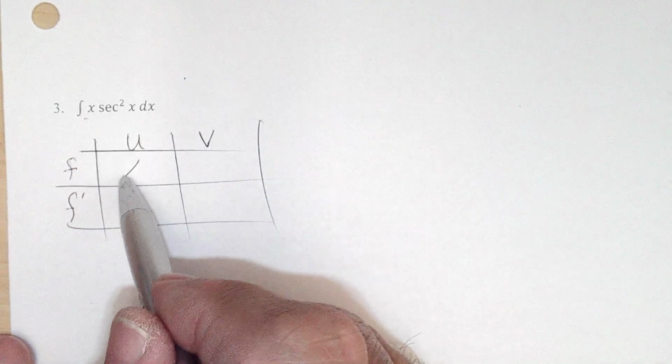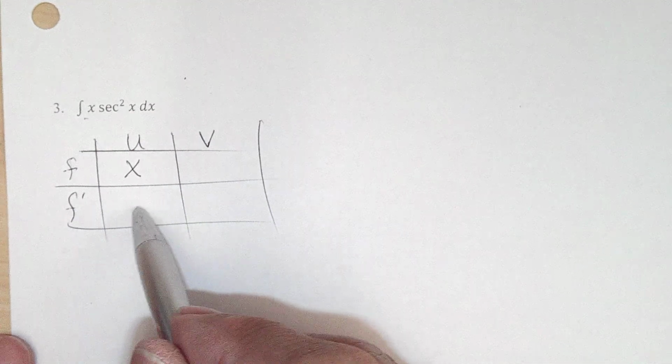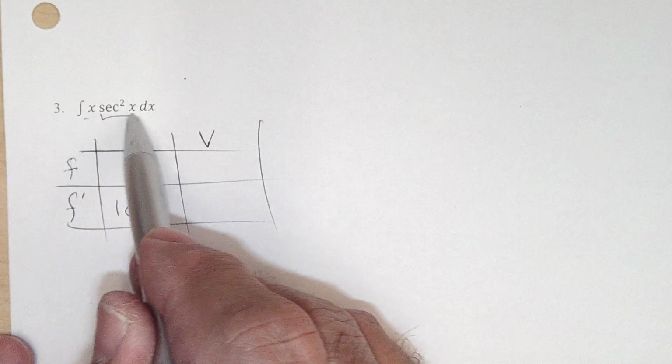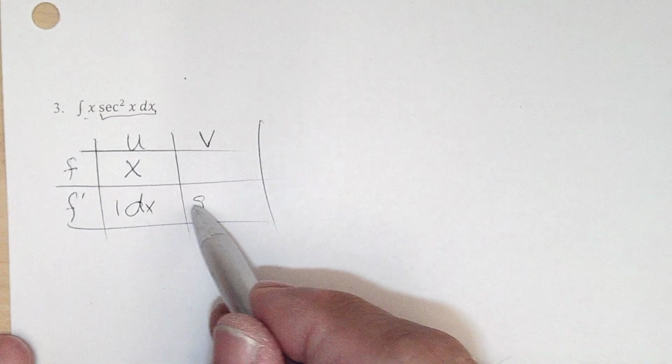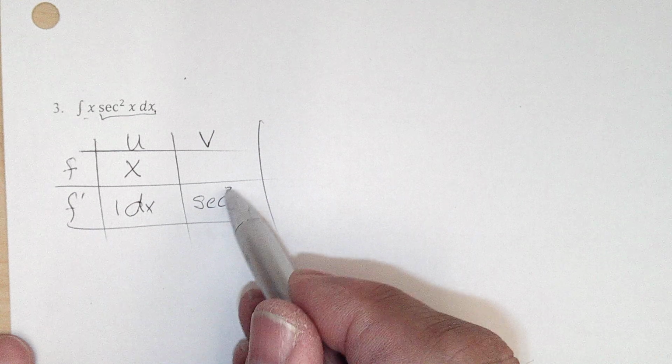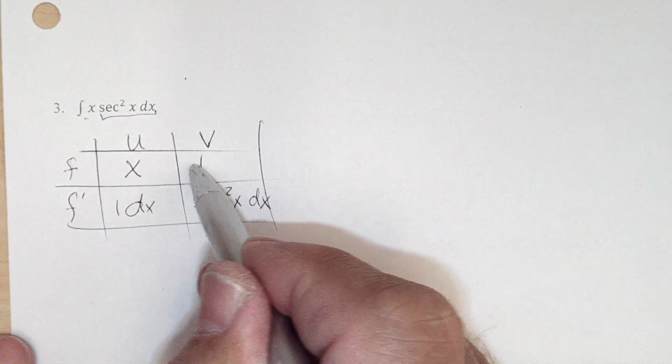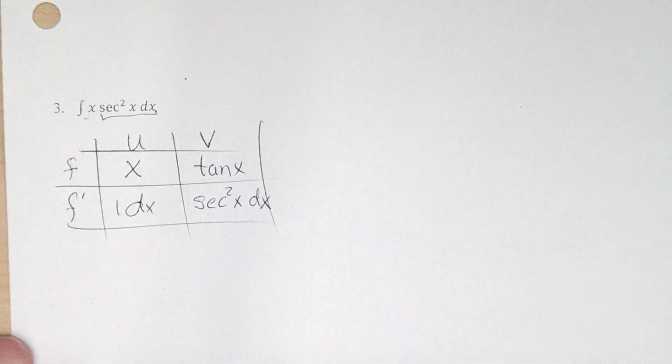I'm going to put x here because when I take its derivative it gets simpler. And I'm going to put the secant squared x, which I happen to recognize as the derivative of tangent x.